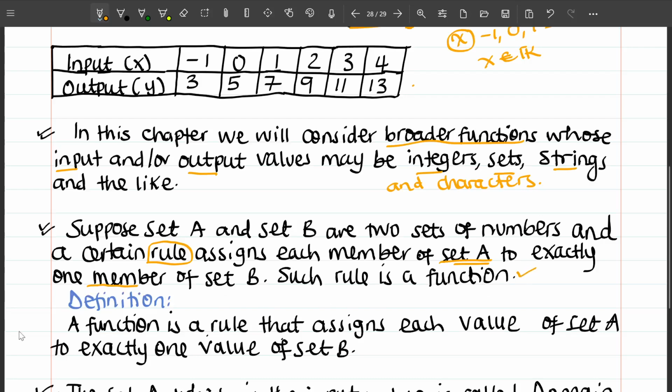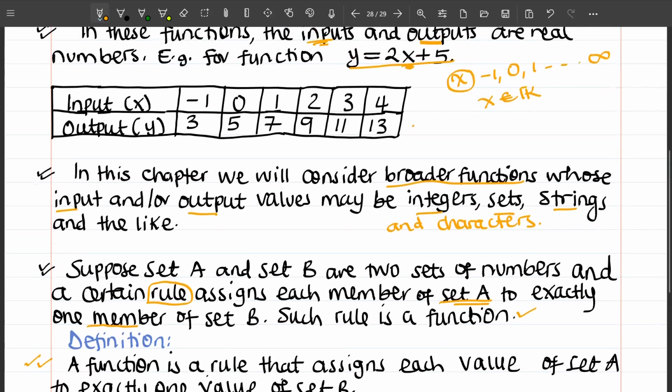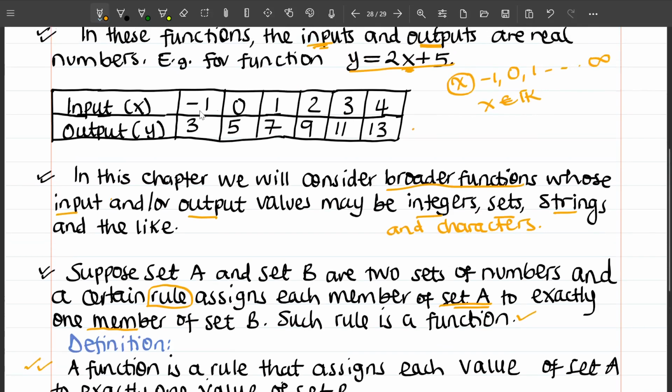So a function is a rule that assigns each value of set A to exactly one value of set B, just as we have seen in the table.